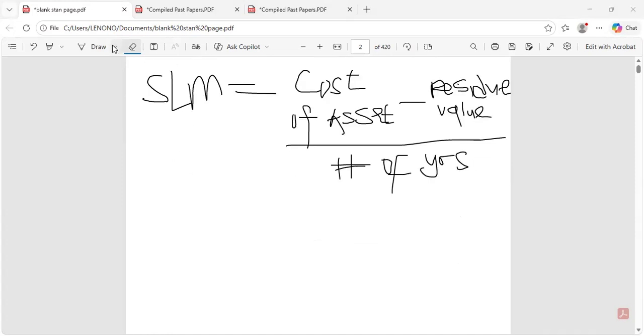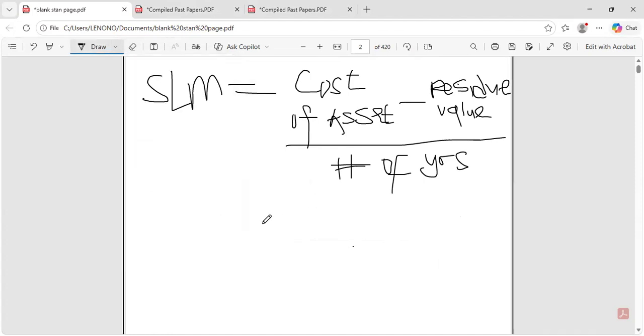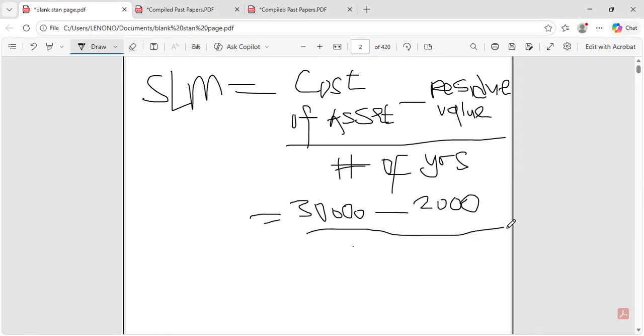So it will be 30,000 minus the 2,000, then divide by 5.